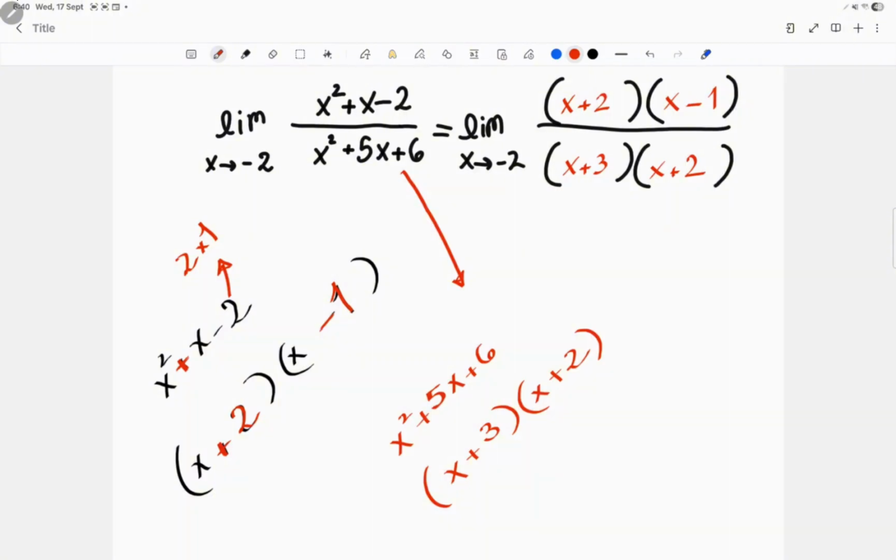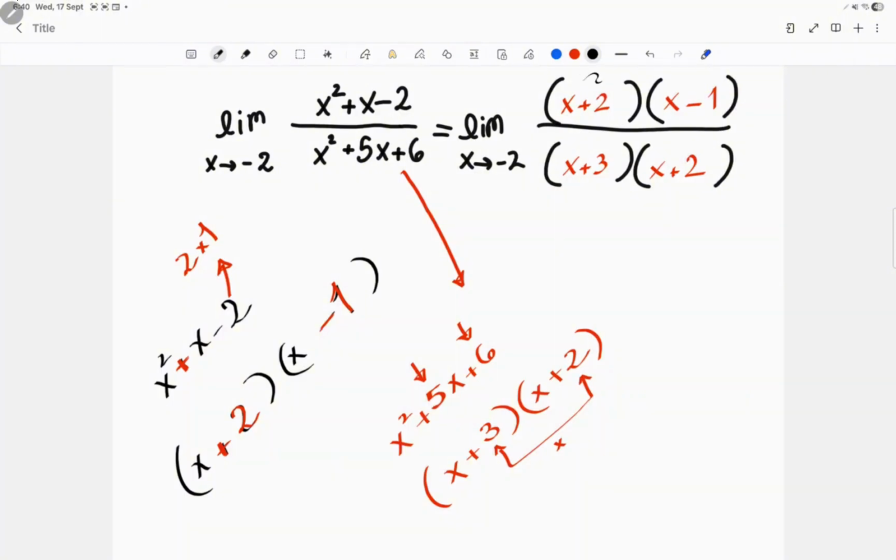That's called factoring. If you were to add them, you will get 5, and if you were to multiply them, you will get 6. If I write 5 and 1 instead of 3 and 2, it's wrong. I mean, 6 is made of what times what? Not 5 times 1. So it's not going to work.